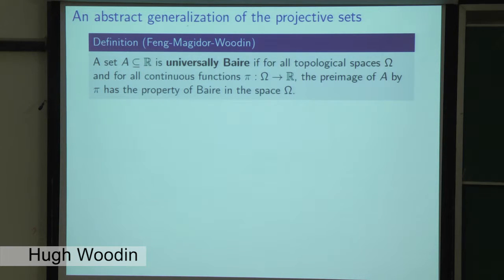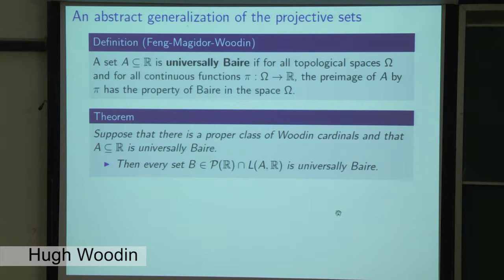And so let me remind you of the notion of universally Baire. It's in a paper with Jifeng and Menachem. A set of reals is universally Baire if all of its continuous pre-images have the property of Baire in any topological space. That's obviously not the right definition, that's just the easy definition. The usual definition is in terms of representations, and the projections of trees that project the complements in forcing extensions.